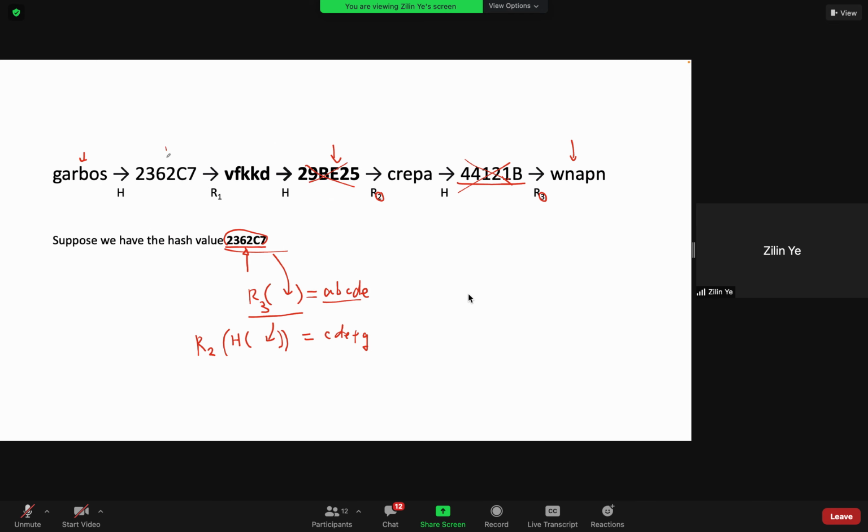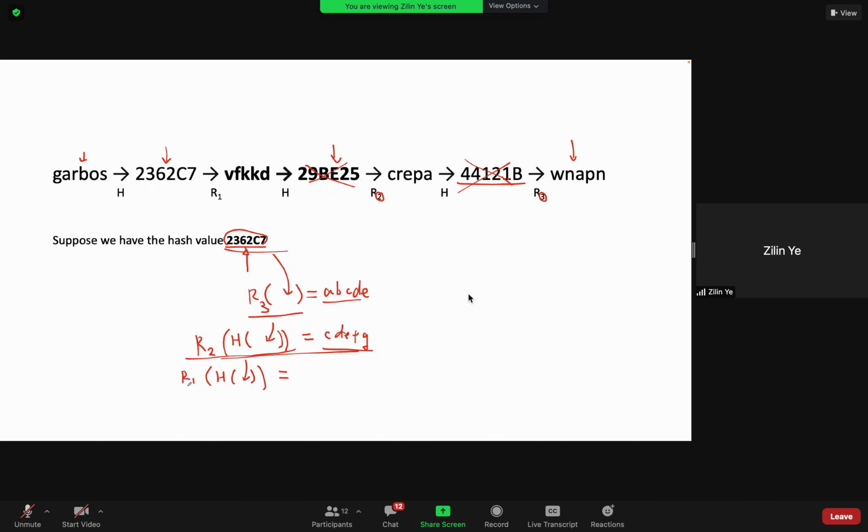Now I assume it's on this position. So I just reduce it using the first reduce function, compute the hash of the whole thing, and recompute this. So now what do I have? I have my R1.